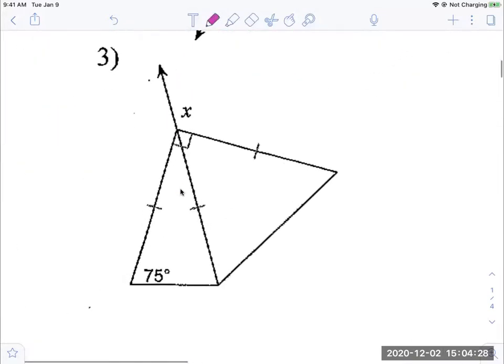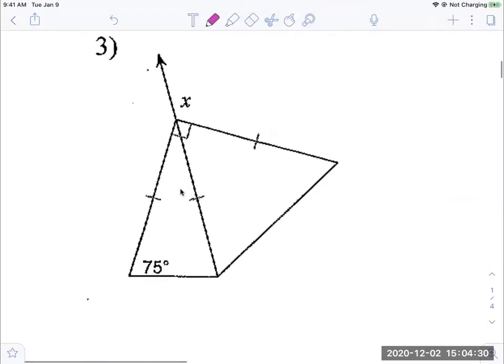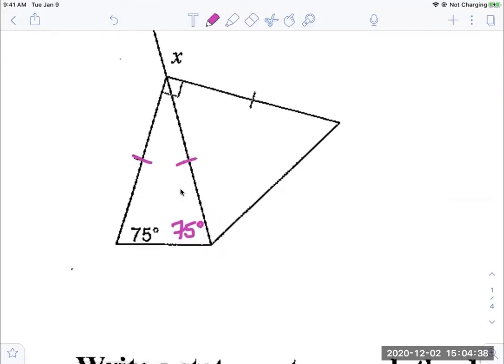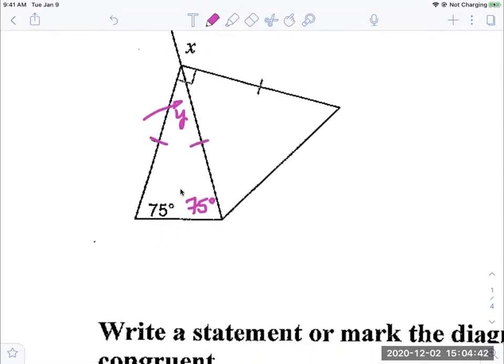Problem number 3. Okay, we have an isosceles triangle, which makes that one 75 degrees because congruent sides make the opposite angles congruent in the triangle. So this angle up here, I'm going to call that y. We're just subtracting from 180, or 75, 75, and y has to add up to 180.